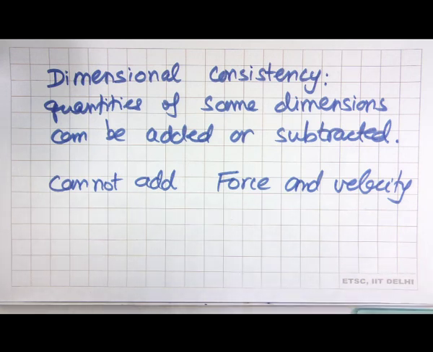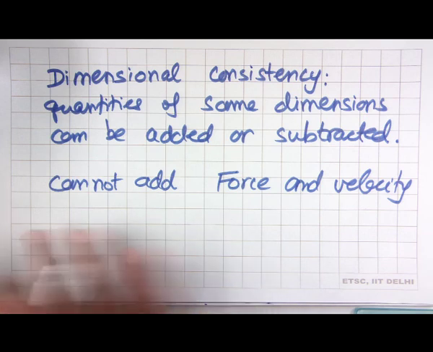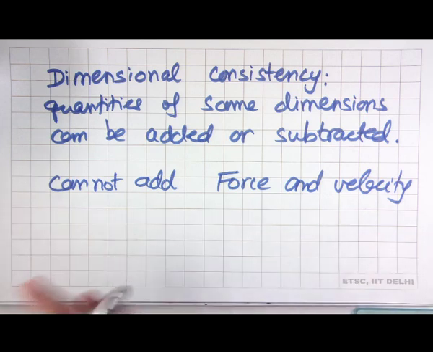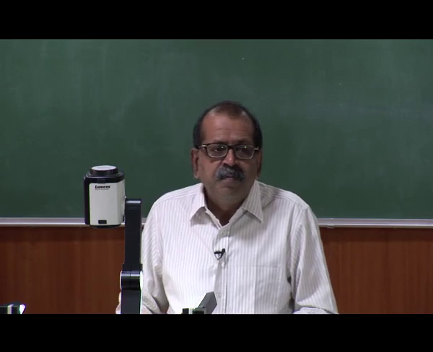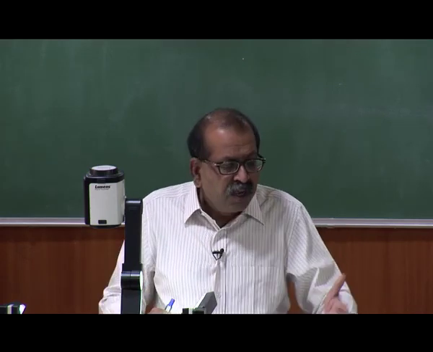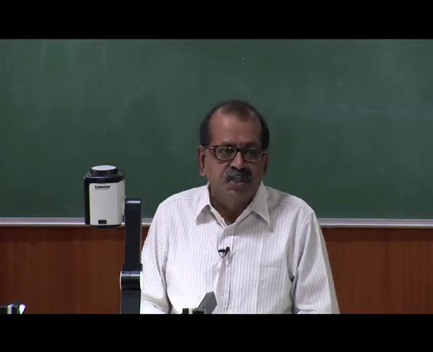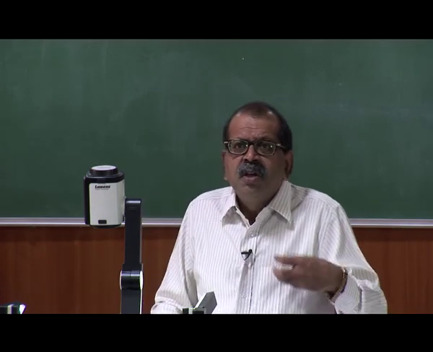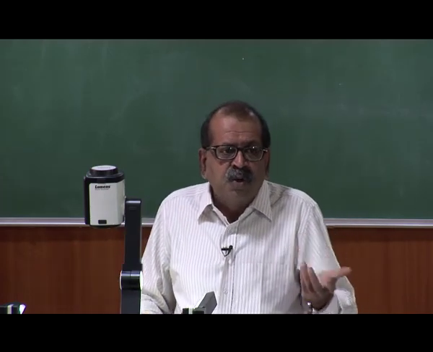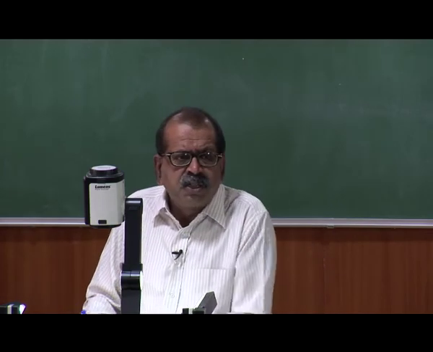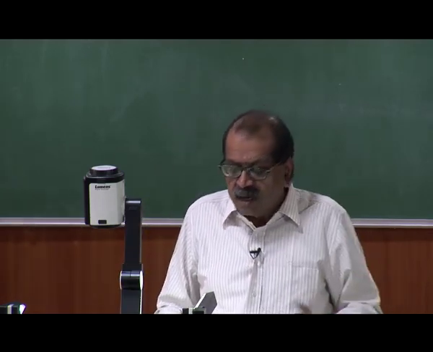So, one of the first things which you have to do when you do problems involving dimensional analysis is that for quantities other than the basic dimensions, you express them in dimensional terms as a function of the basic dimensions. And this you will be able to do very easily if you remember the formula for some of the quantities. We have not seen some of them, but you may have seen them in earlier classes.